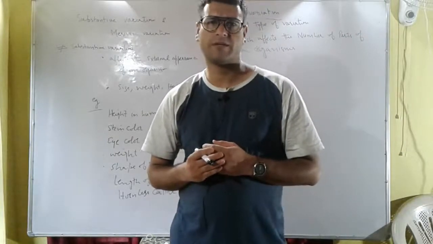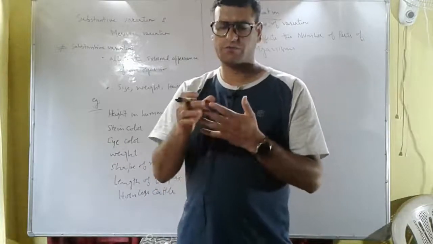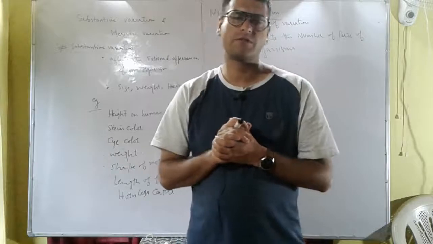For example, polydactyly. Generally, there are 5 digits, 1, 2, 3, 4, 5. But in some humans, there are 6 digits.